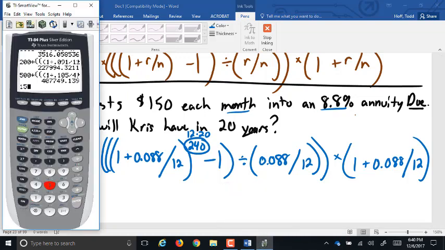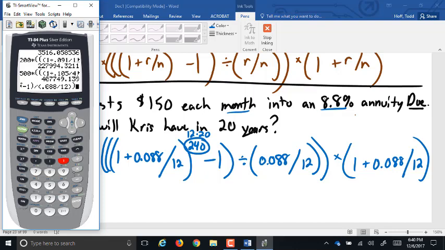So 150 times 1, 2, 3, 1 plus 0.088 divided by 12. Close. Power of 240. Minus 1. Close. Divided by open. 0.088 divided by 12.